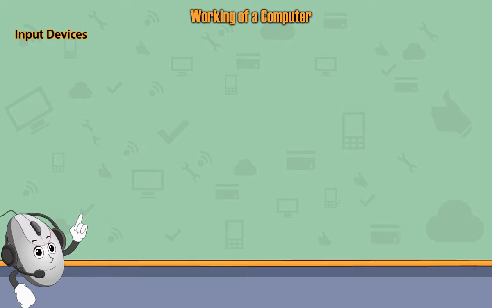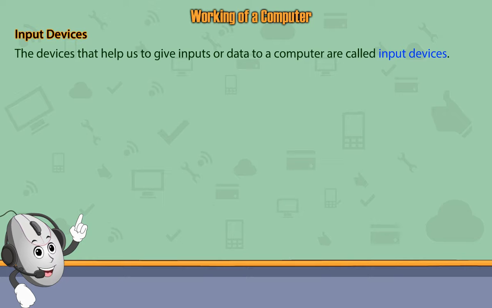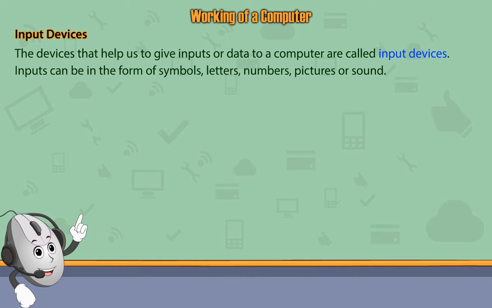Input devices. The devices that help us to give inputs or data to a computer are called input devices. Inputs can be in the form of symbols, letters, numbers, pictures or sound.